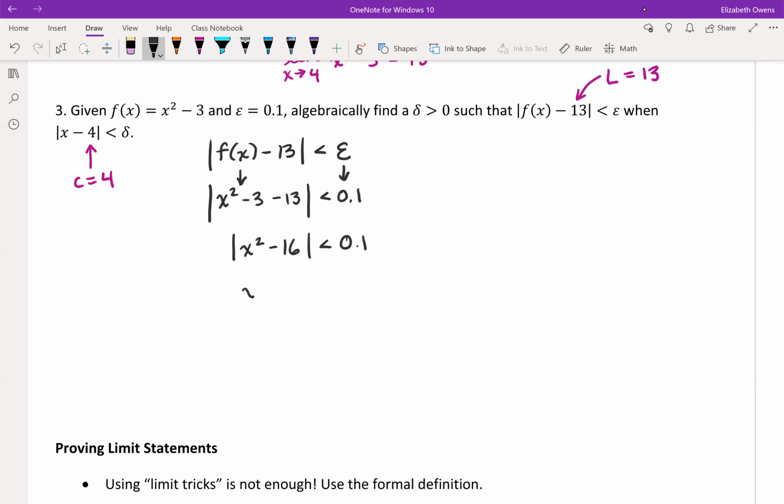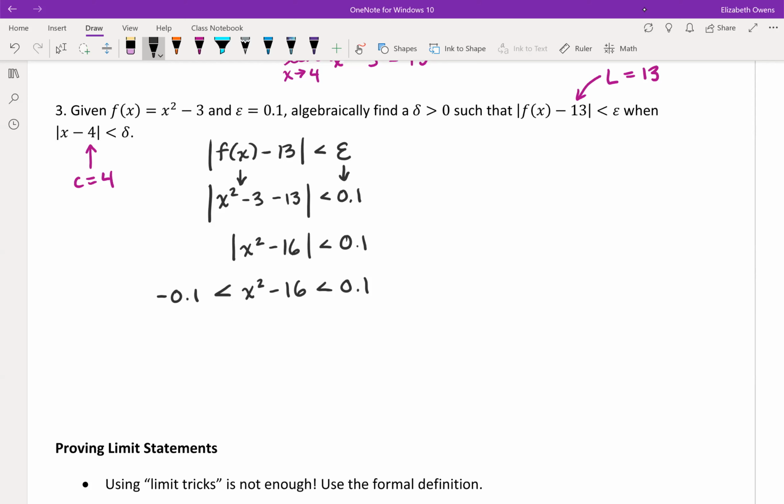So if we remove the absolute values, we're going to have a 3-part inequality, like a little inequality sandwich that looks like this. Taking off the absolute values gives us a positive and negative option here. So negative 0.1 is less than x squared minus 16, and that's less than positive 0.1.